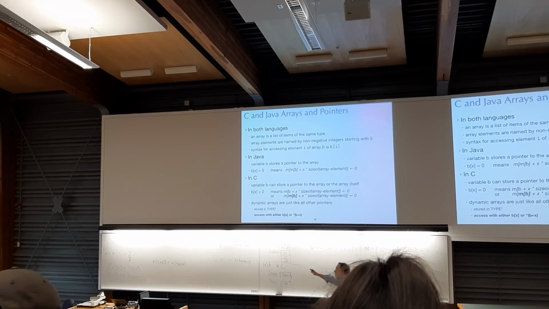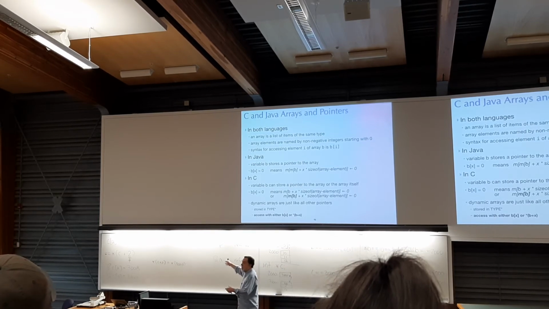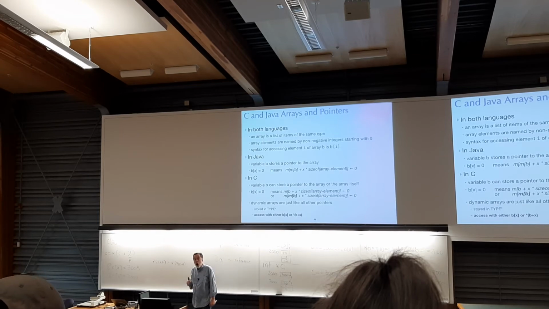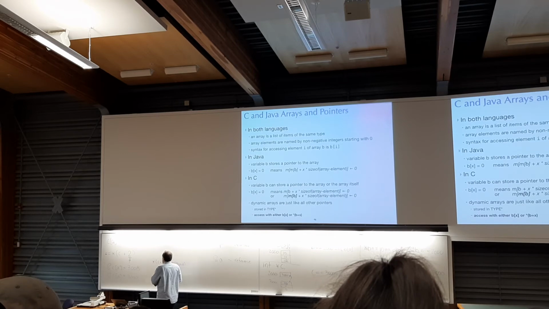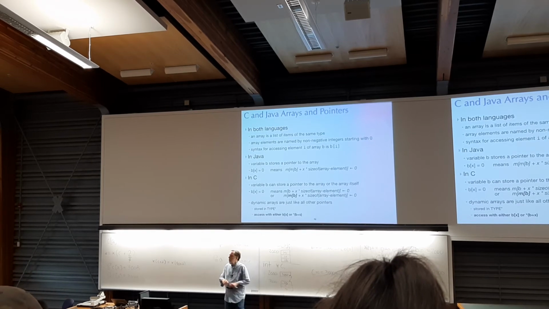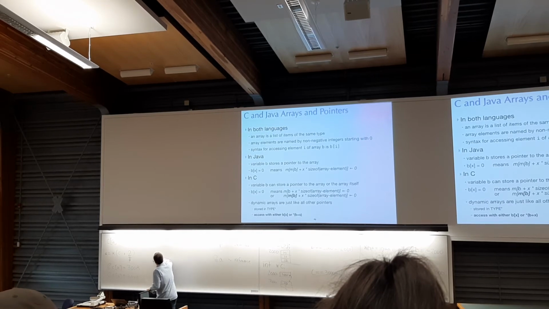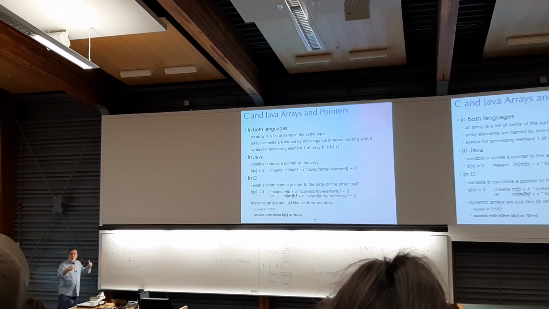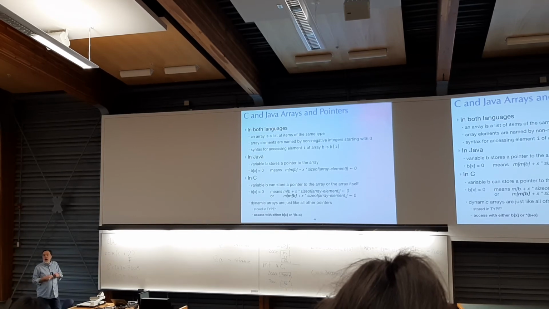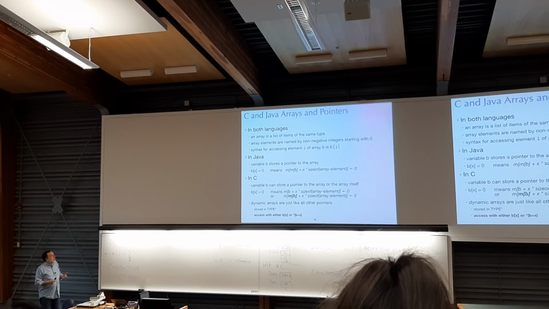Now, you can force C to do things like this by just casting the pointer to char, which is a single byte, and then you can get this stuff. Cast it back. But the decision in C was to allow you to use the dereferencing syntax for arrays to sort of substitute for the square bracket syntax and to do it in an analogous way.